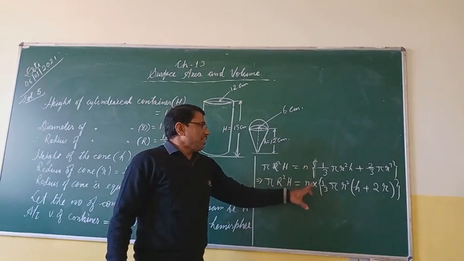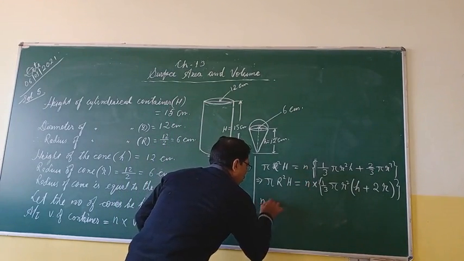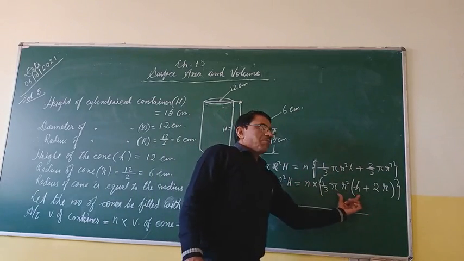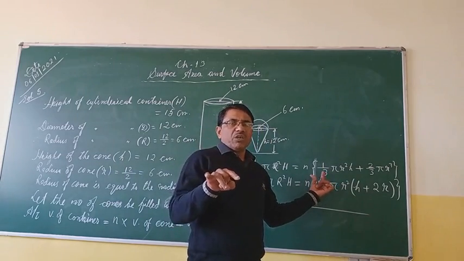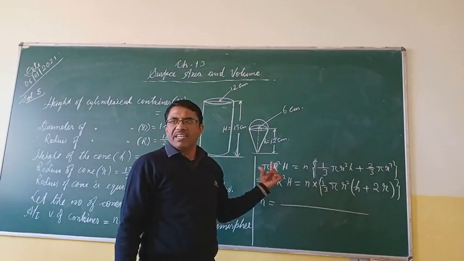We are going to find the number of cones. So number of cones is equal to, first these are multiplied to n on the right side; by transposing, when we take this whole to the left side, this will be divided.